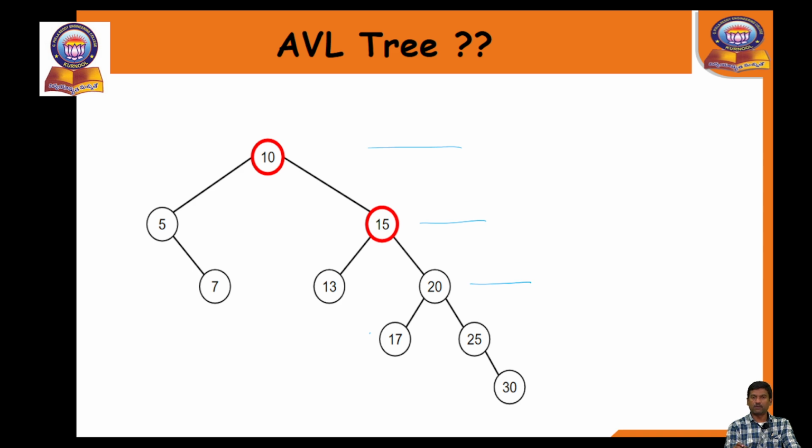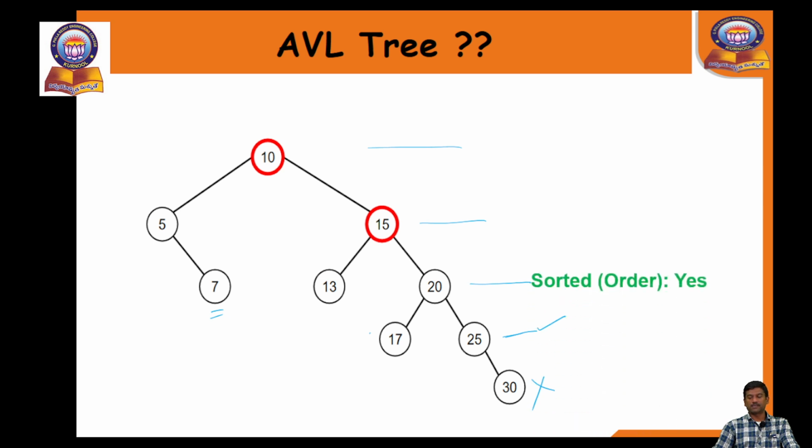We can allow 1 level down or 1 level up, but not more than 1 level. If you observe the leaf node, the left child of this is 7. Up to this, 1 level down has been satisfied, but not beyond 1 level more. So you are exceeding.